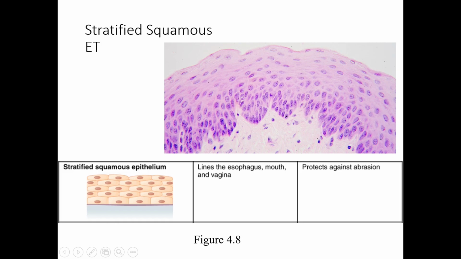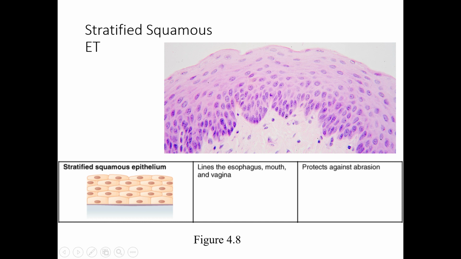Next one, stratified squamous epithelium. So right here that would be the basement membrane, and there are many layers of the cells, and those cells have different shape. In case like that, we only look at the top layer of the cells right here.